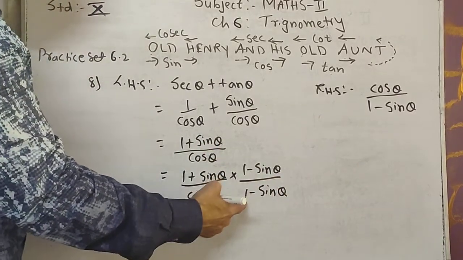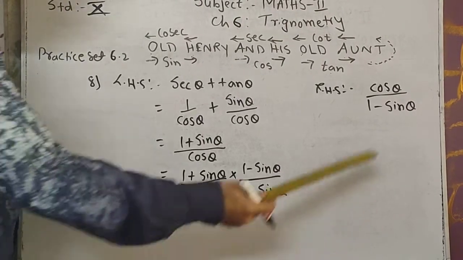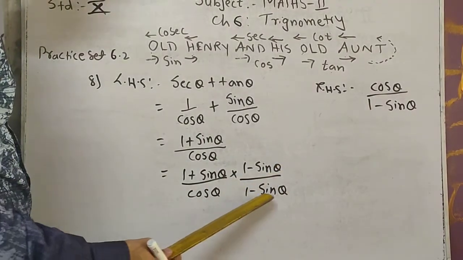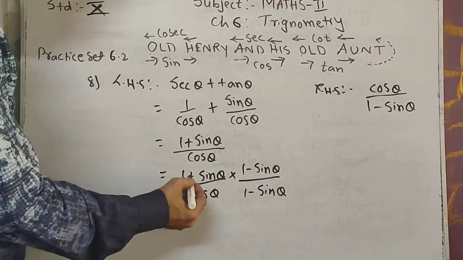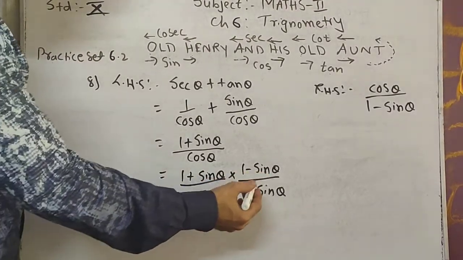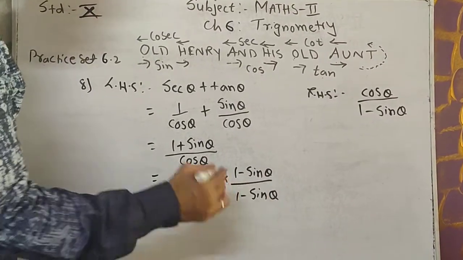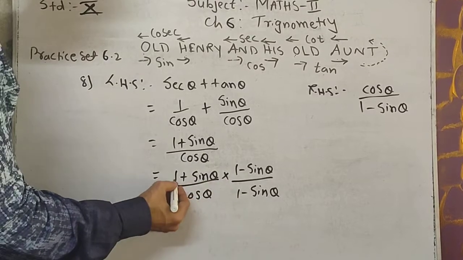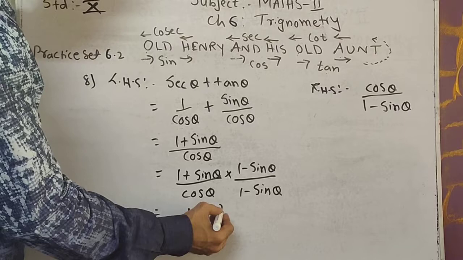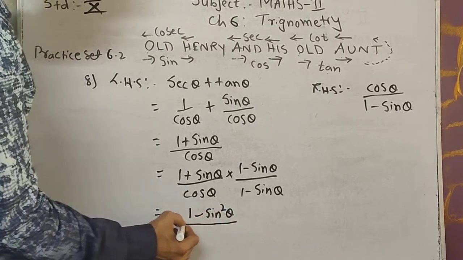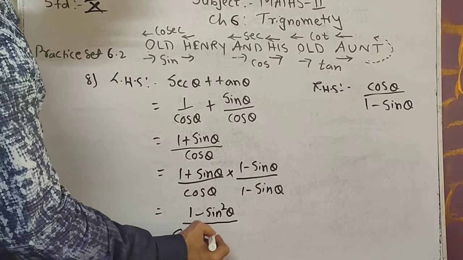Why? Because in the denominator we want 1 minus sin theta. Here the numerator is in the form of a plus b, a minus b, which means a square minus b square. A square means 1 square is 1, minus sin square theta, and the denominator stays as it is, cos theta into 1 minus sin theta.